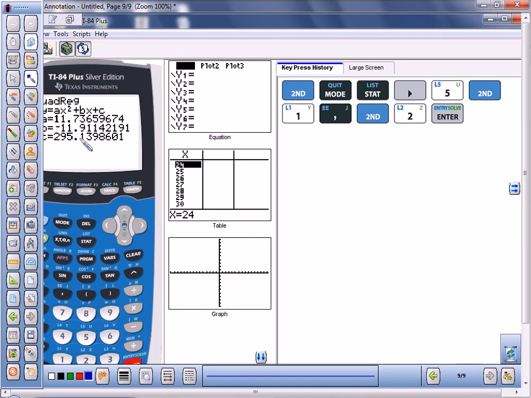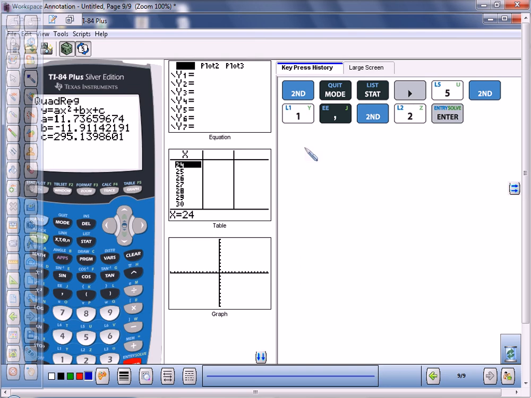This is our A, this is our B, this is our C. So we're going to have to do a little bit of approximating here. We're going to say y is approximately, let's round to the nearest tenth, 11.7 x squared minus 11.9 x plus 295.1.